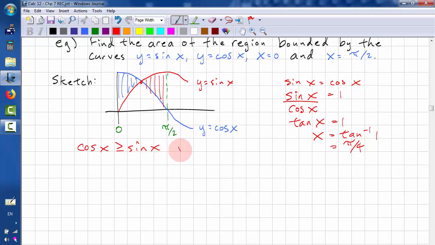So we'll formally write this down: cos x greater than or equal to sine x when 0 to pi over 4, and sine x greater than or equal to cos x when pi over 4 to pi over 2.